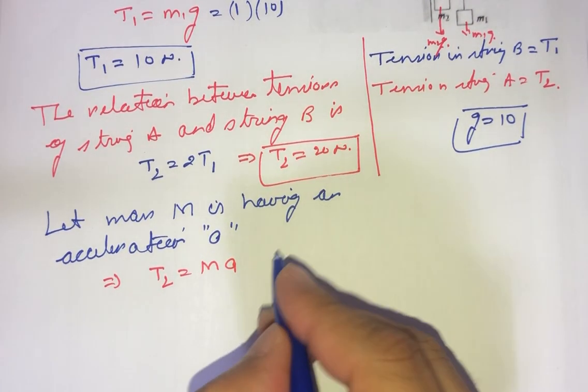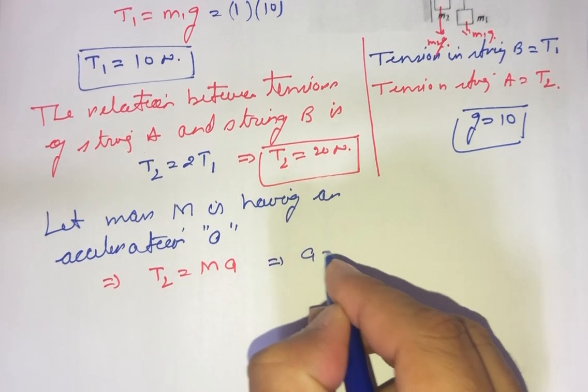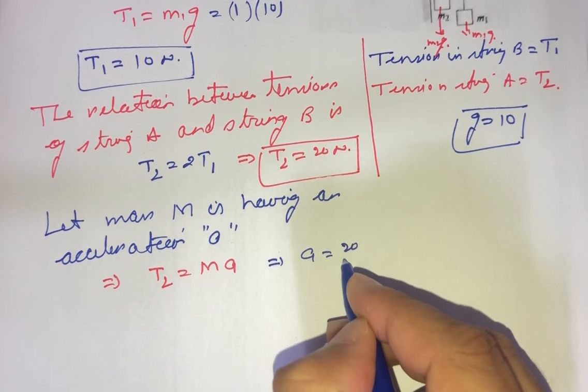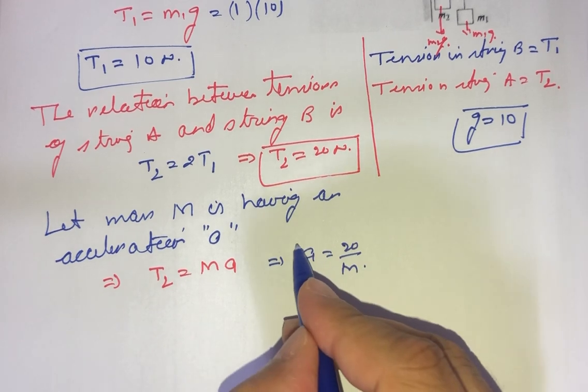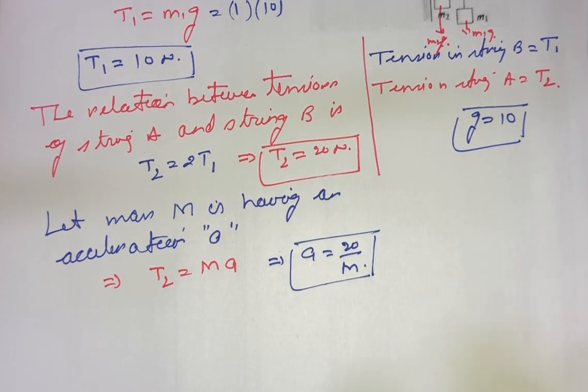From here we find that A is 20 divided by mass M.